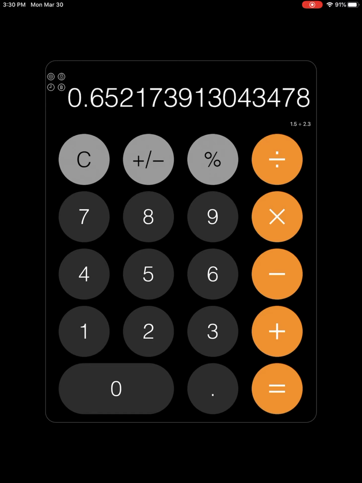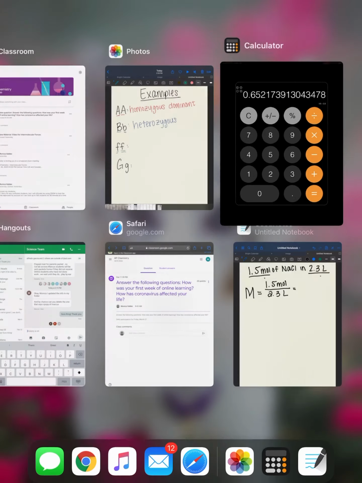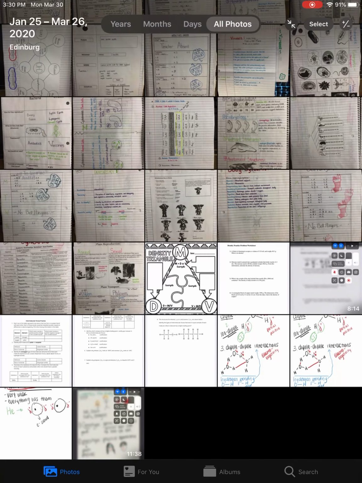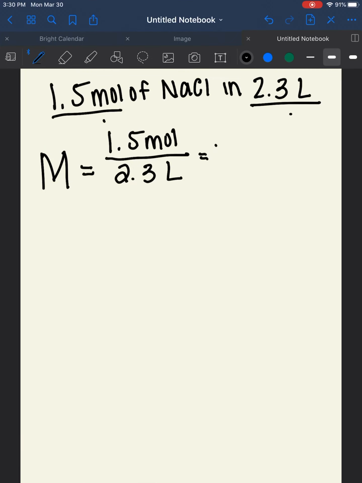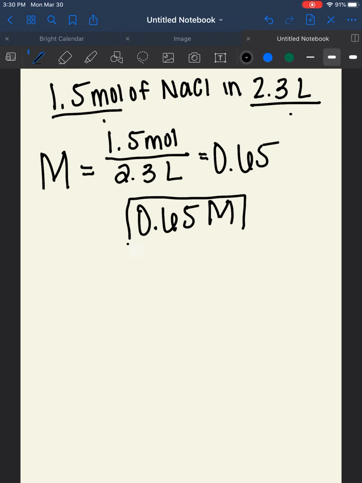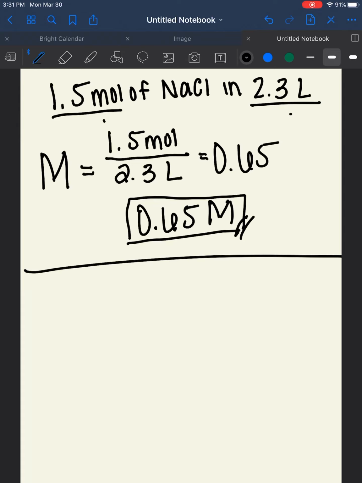I'll round that to 2 decimal places, so it is 0.65. So my answer, 0.65 molar, is the molarity or the concentration here. Okay, and that's pretty much it.